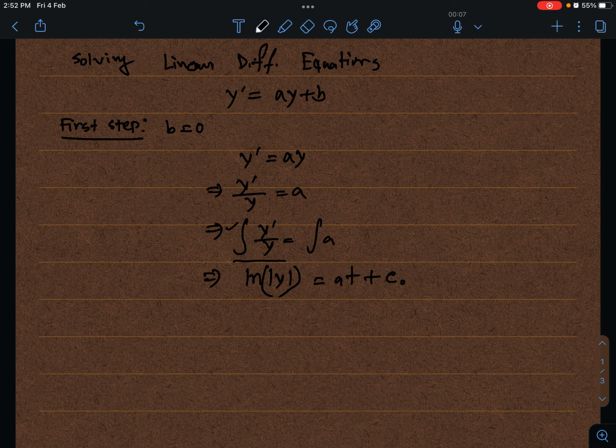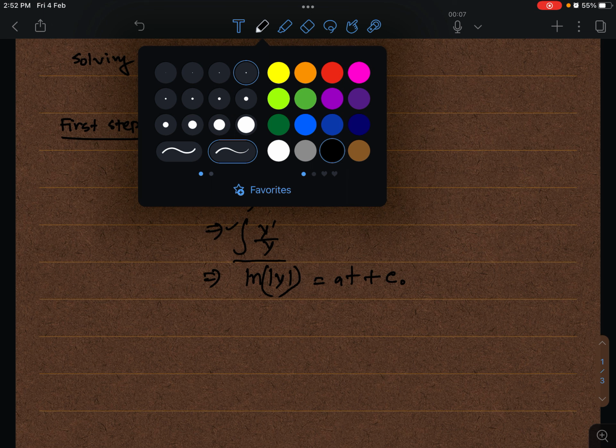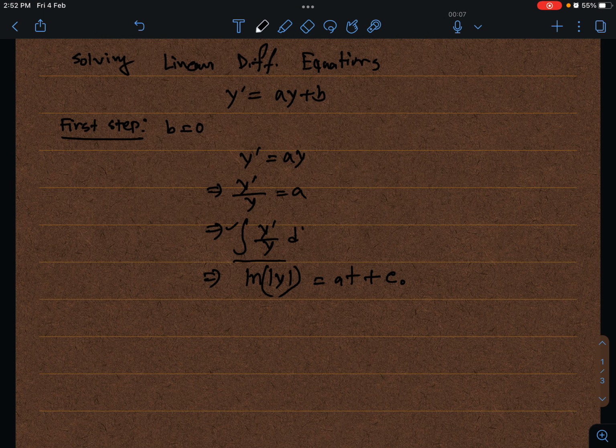C naught is an integrating constant here, and t is the independent variable, so that's why this is t.